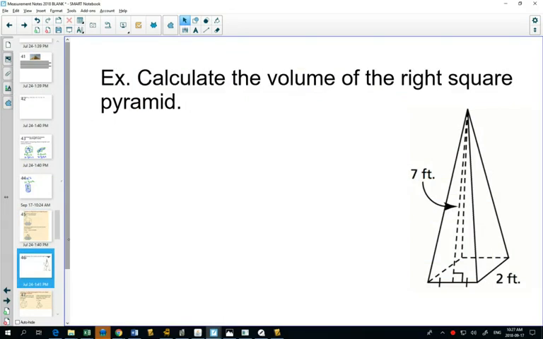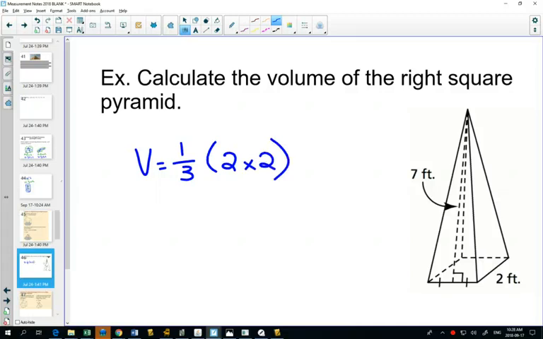So here's our first example. We've got a pyramid. It has a square base. So if we want to calculate the volume of this pyramid, it will be 1/3 the area of the base, which is going to be 2 times 2 since it's a square, multiplied by the height, which is 7.